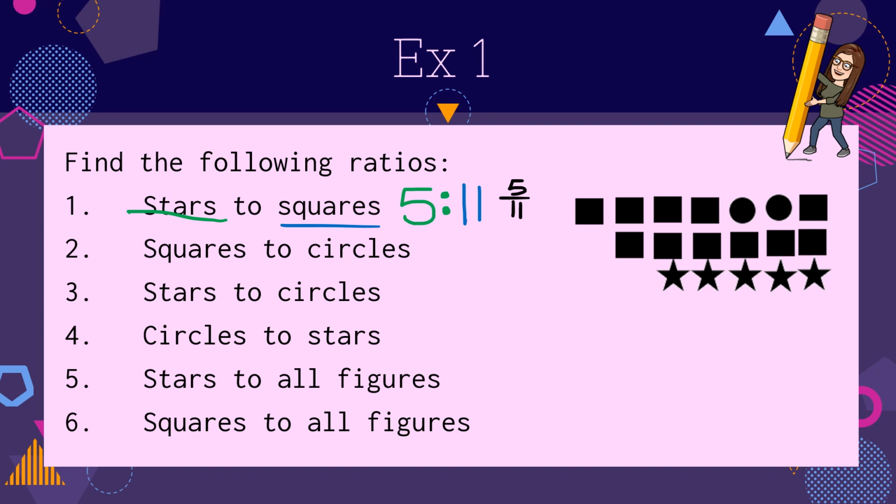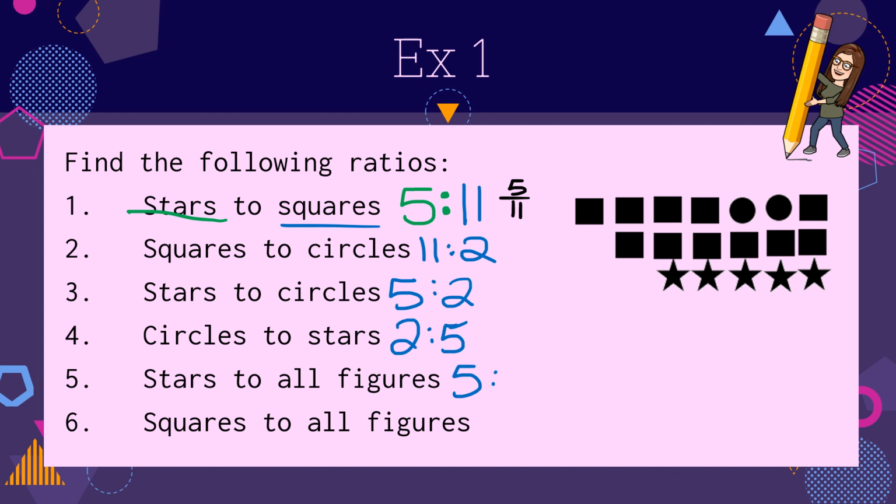Let's try again. Squares is 11 to circles, which is 2. Stars are 5 compared to circles, which is 2. Circles to stars. This matters. We're using the same numbers, but the order changes. Stars to all figures.